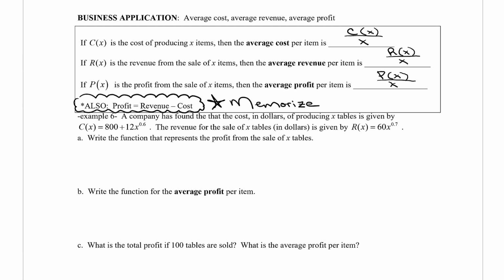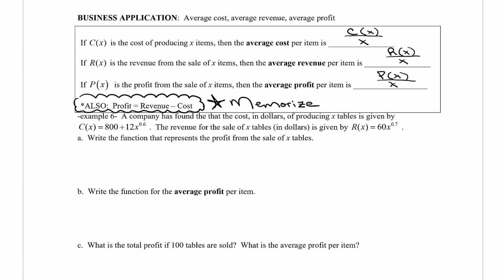In order to do this, we're going to need to use the formula that we had mentioned earlier above this problem. I put a cloud around it and I said you should memorize it. Profit equals revenue minus cost. I'm going to begin by highlighting in blue the word revenue in the formula profit equals revenue minus cost.